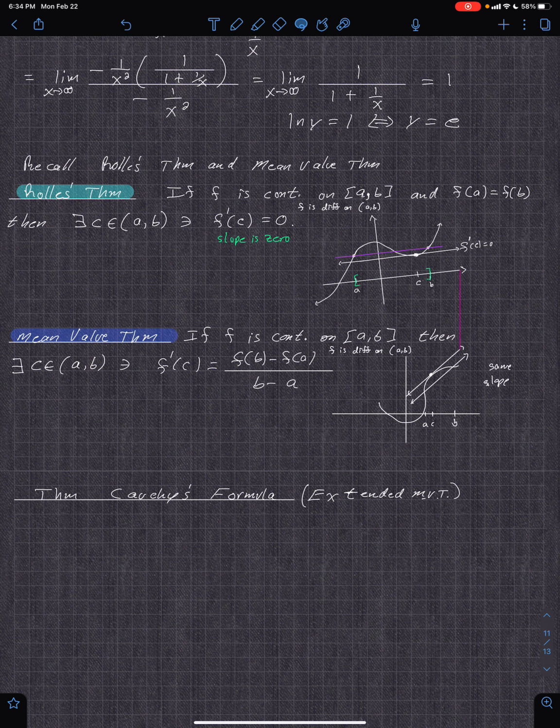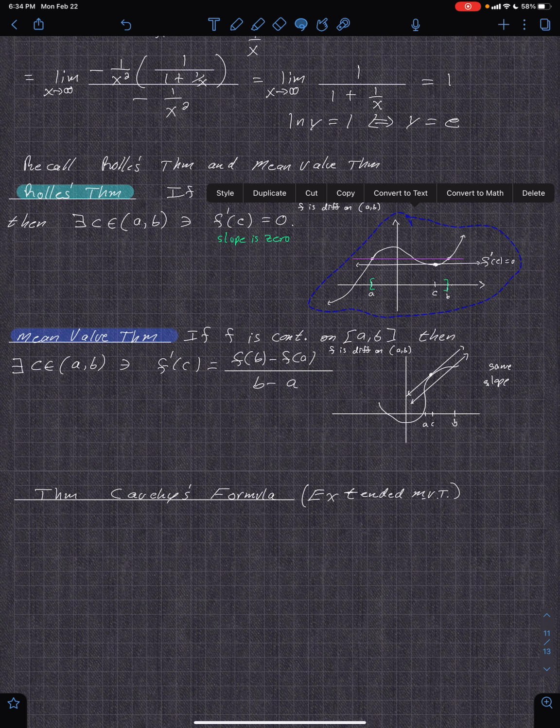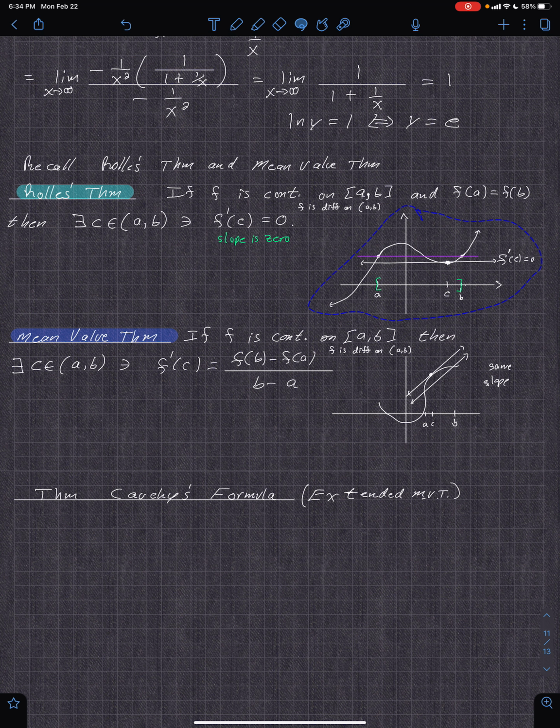So very important theorem used to prove a number of things. Okay, so next is Cauchy's formula, sometimes called the extended mean value theorem. And so this uses two functions and has a similar sort of result here. So let's go through that.